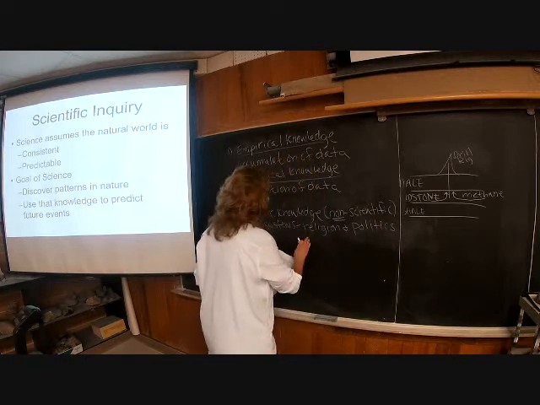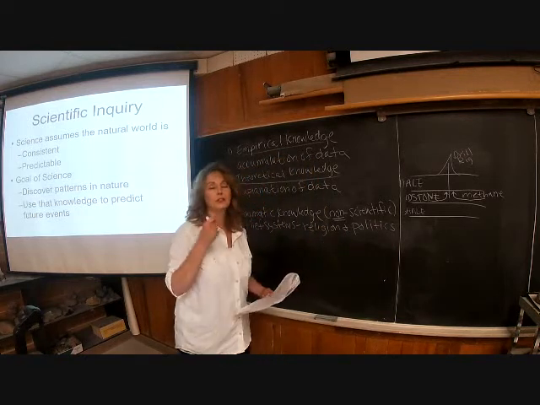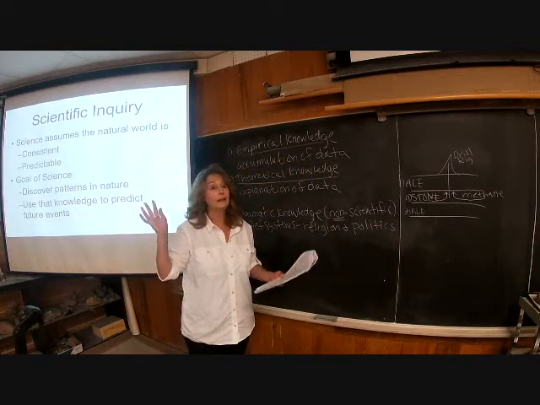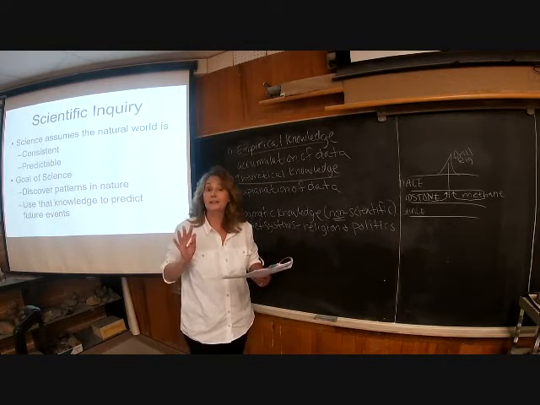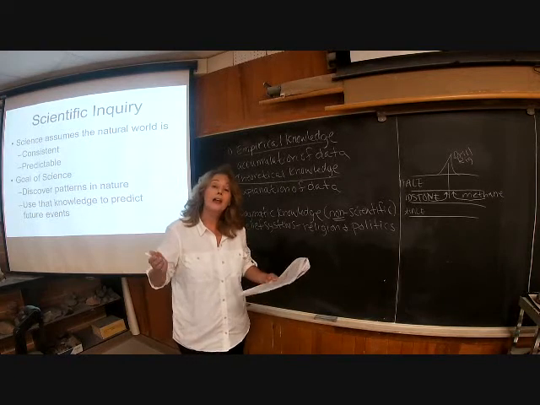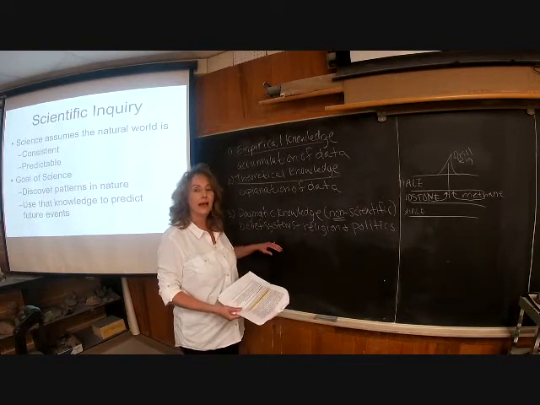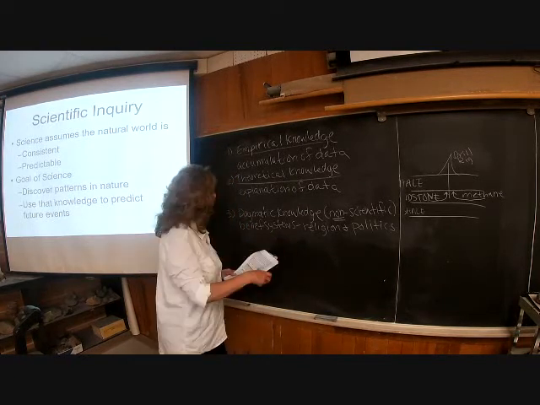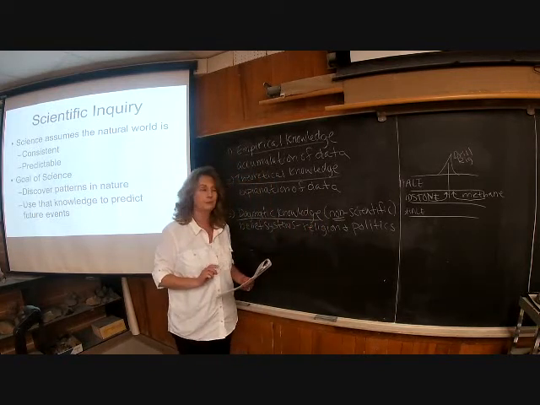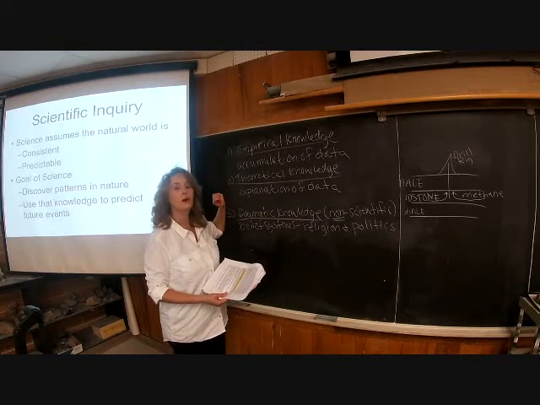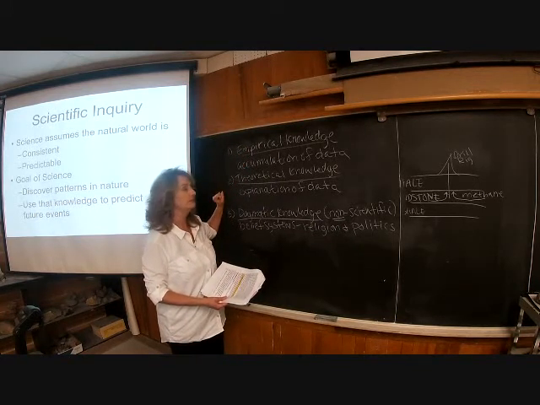Okay, so a statement, something in religion, say, in the beginning God created the heaven and the earth. Okay, that would be dogmatic knowledge. Non-scientific though. Okay. These other two are in the realm of science.